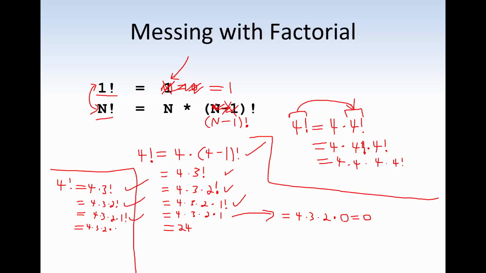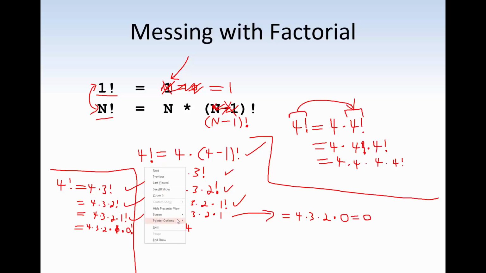And if I use that, what I end up doing is writing this. So I was doing factorial of 1, and actually I end up with 1 times factorial of 0.